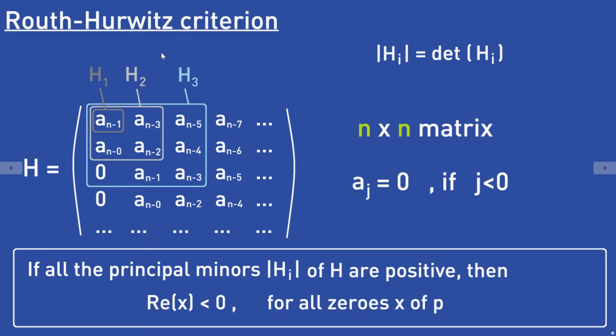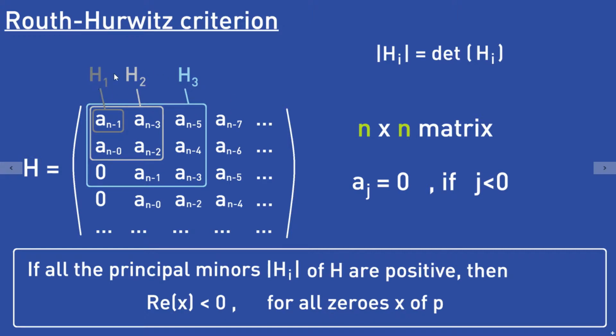So you have to calculate the determinants of these matrices here, H1, H2, H3. The determinants of these matrices are the principal minors, and these determinants have to be positive. When they are positive, then the real part of all the zeros x of p is negative.